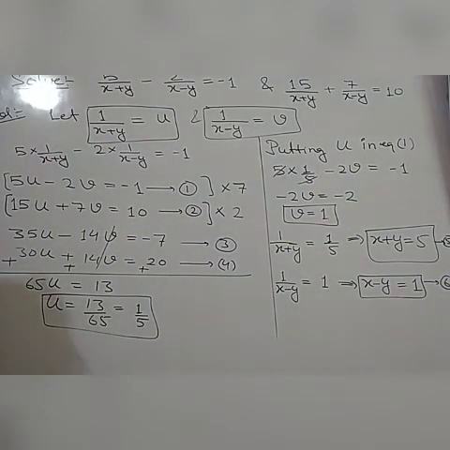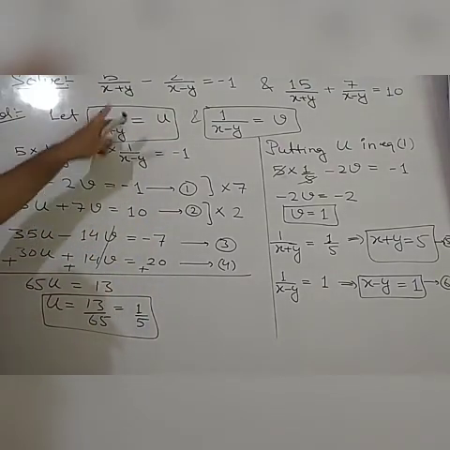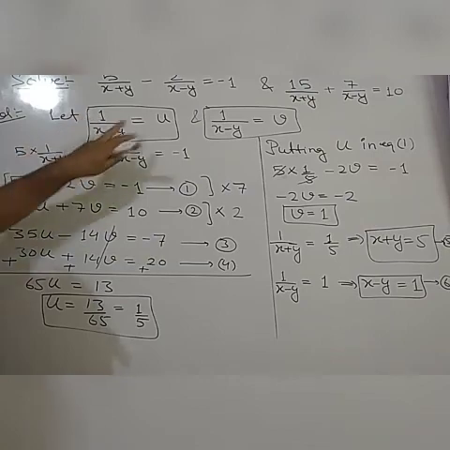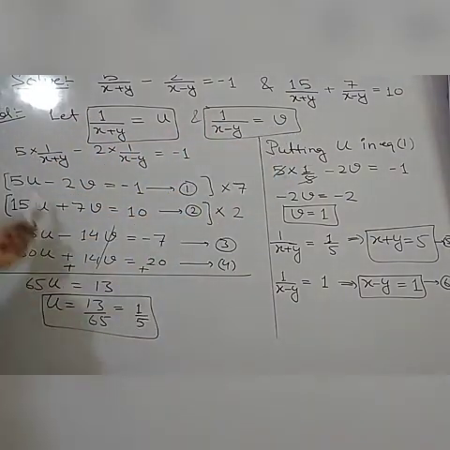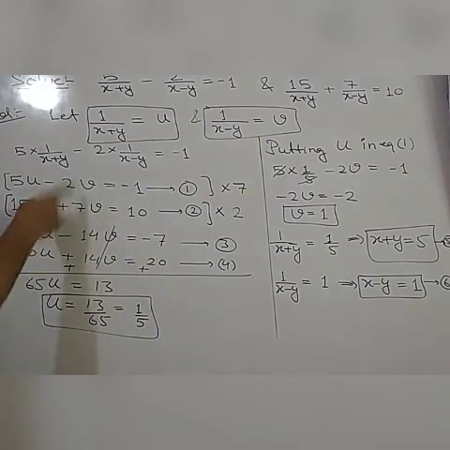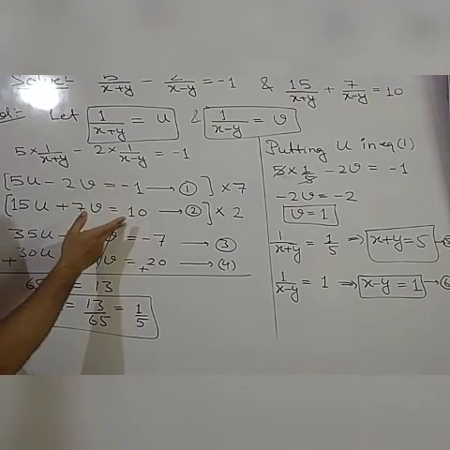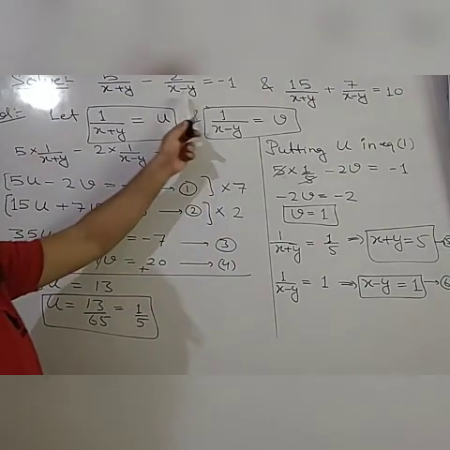Clear? So what we have done, first we have reduced the given equation into the general form by considering 1 upon x plus y is equal to u and 1 upon x minus y is equal to v. It is converted into general form, equation 1 and equation 2. Then we have equated the coefficients of these two equations and found the values of u and v. But we have to finally find the values of x and y.